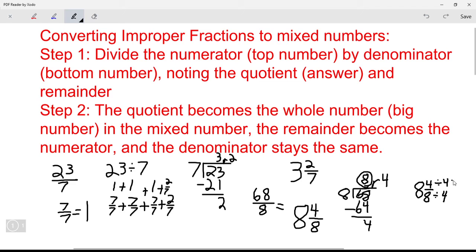And 4/8 actually equals 1/2. So 68/8 actually equals 8 and a half. Because 4/8 equals 1/2. And this is the answer that you would find on a multiple choice test because it is reduced, it's simplified, those mean the same thing.